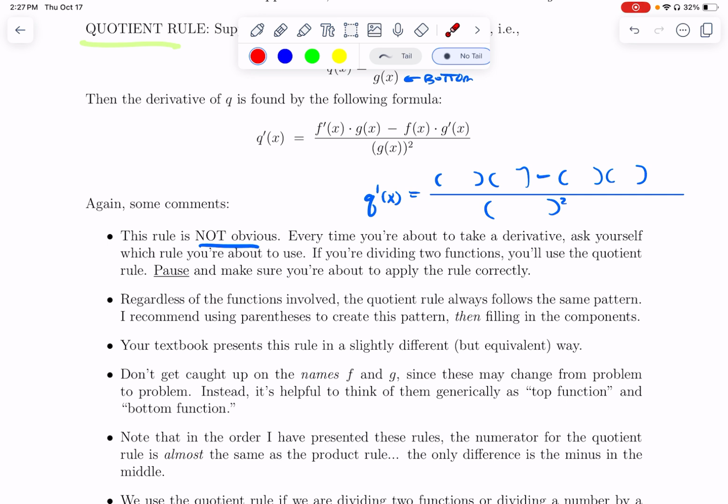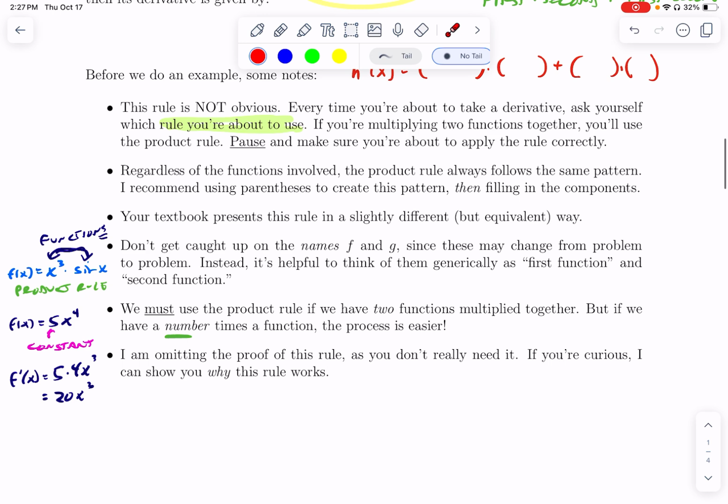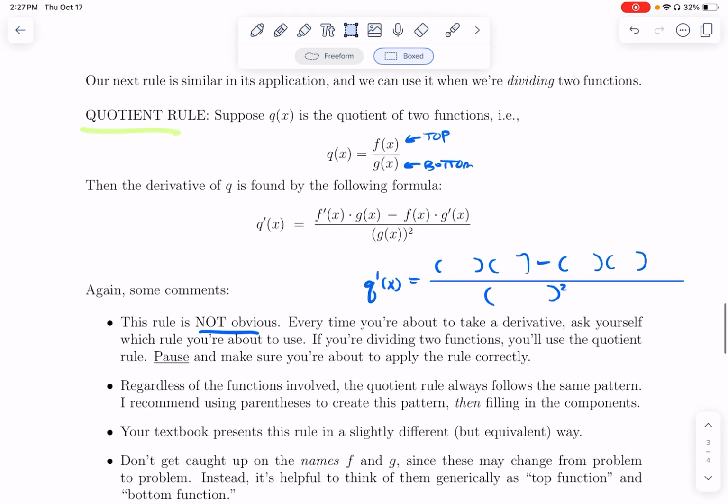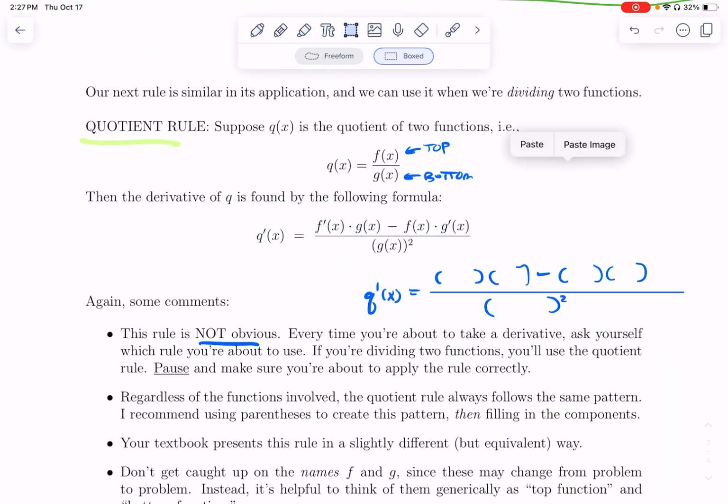I strongly recommend that you learn these in the order that I have given you, because then you will notice that the rule for the product rule is extremely similar to, oh, that was not helpful.